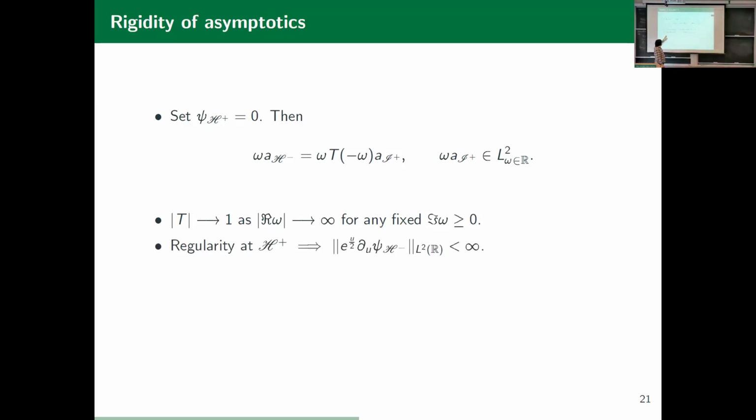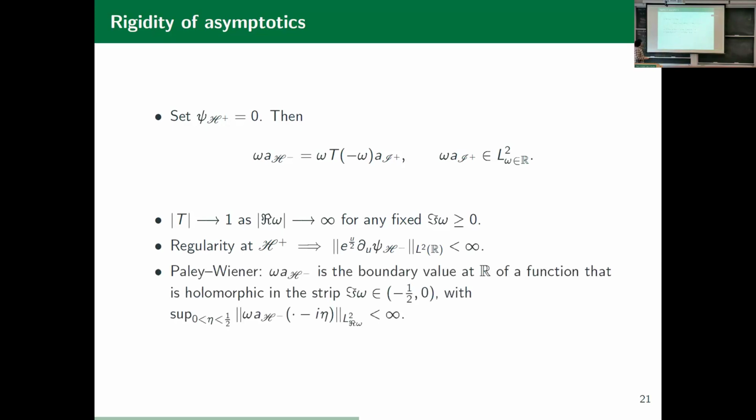Okay, so we assume regularity at H plus, and that implies that CH minus satisfies this estimate: e to the u over 2 du CH minus is in L2. Now we apply Paley-Wiener theory. So omega H minus is the boundary value of a function that's holomorphic in the strip where the imaginary part of omega is between -1/2 and 0.